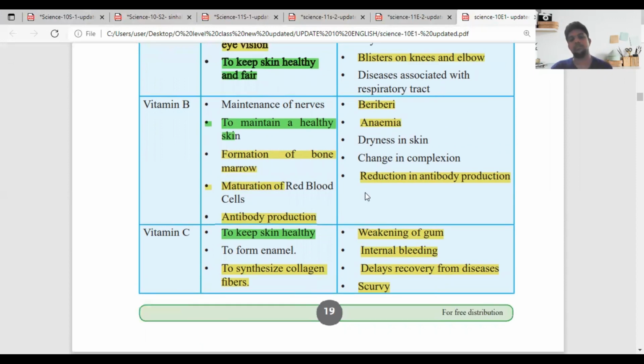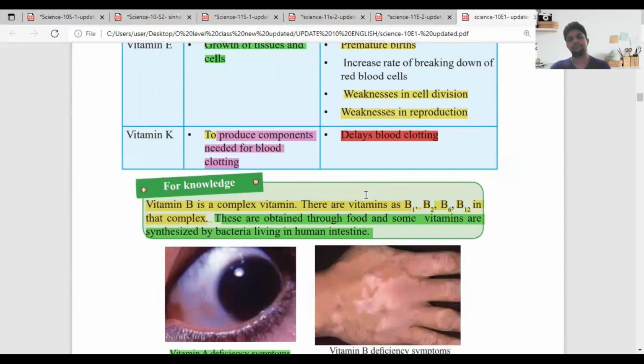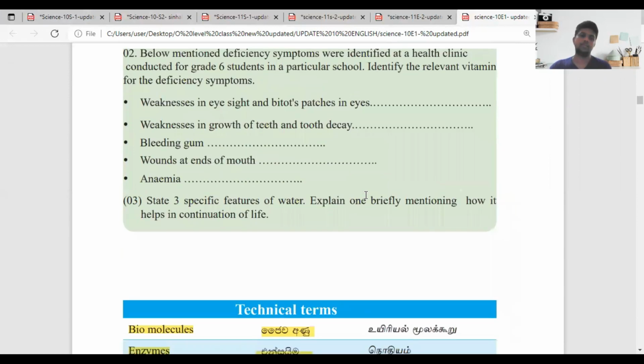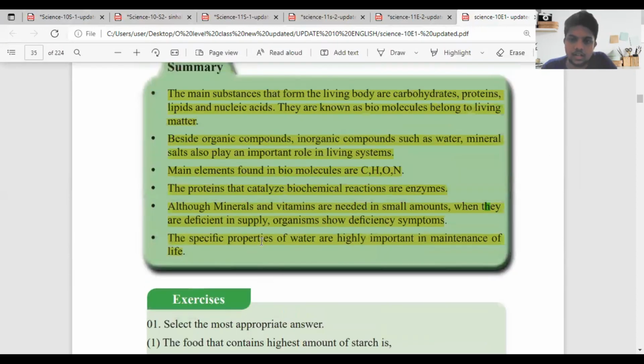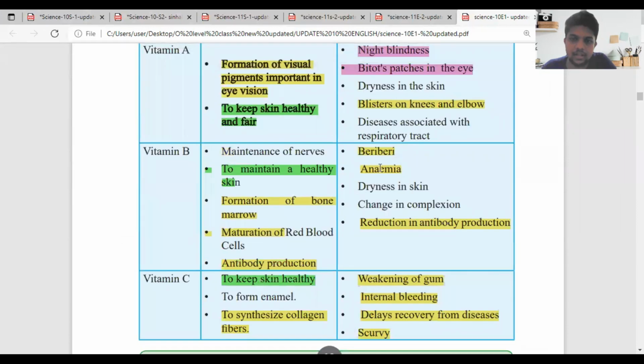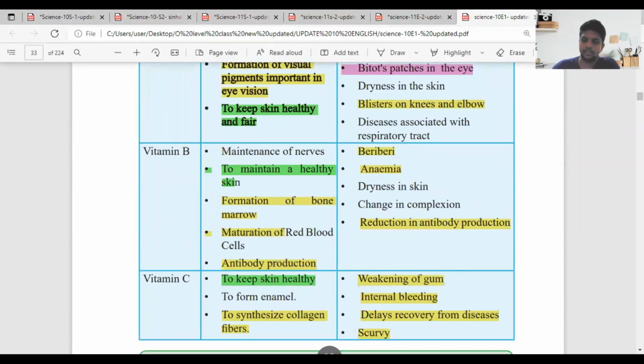It is a function of vitamin B2. Next one, Danu. Anemia, vitamin B. Vitamin B is also mentioned here, no? Vitamin B, anemia. Yeah, that's it.